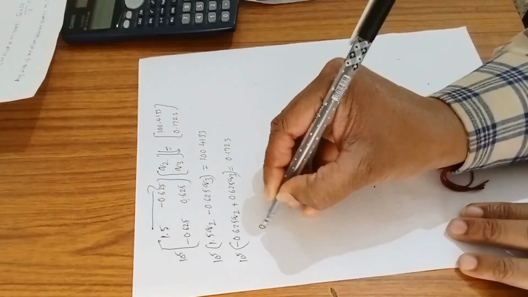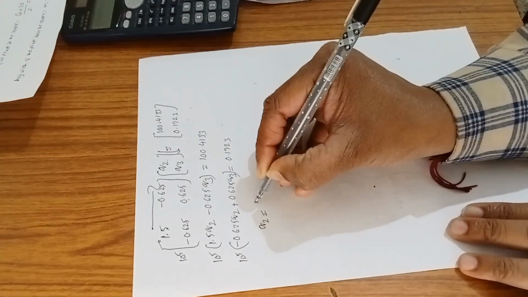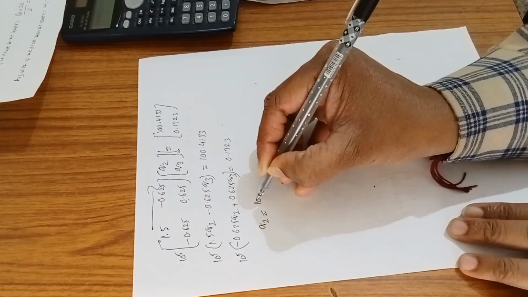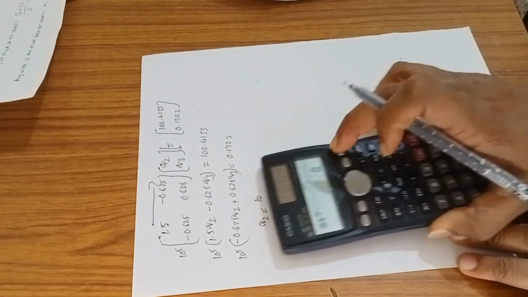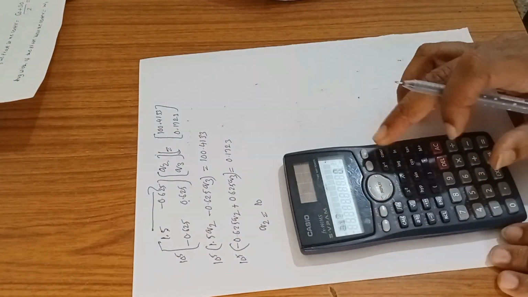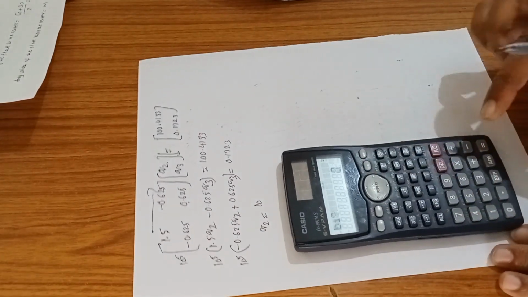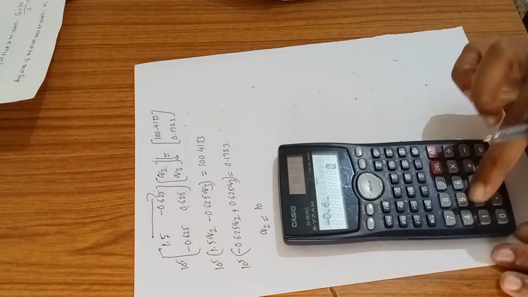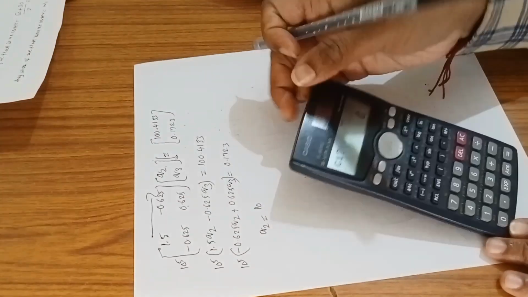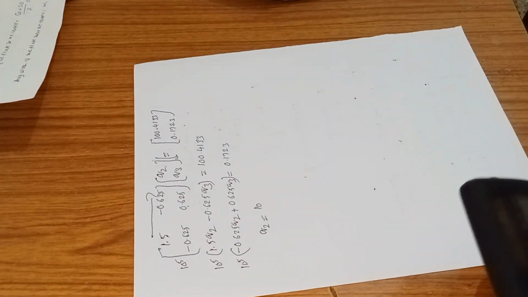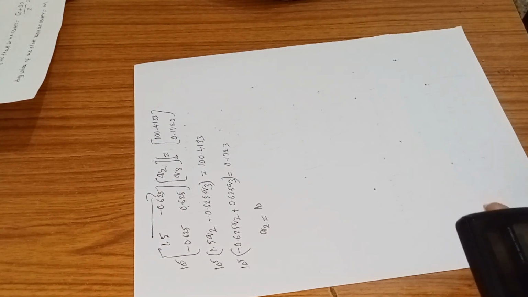So let me first put those values. a1 is found to be 1.5, while b1 is minus 0.625, and c1 is 100.4133. And let me also put a2 is minus 0.625, and b2 is 0.625, and c2 is 0.1723.